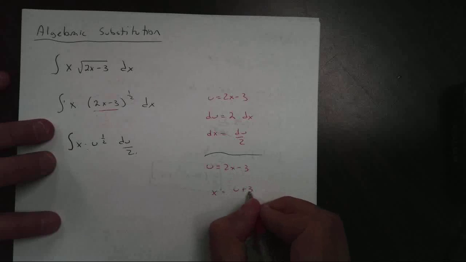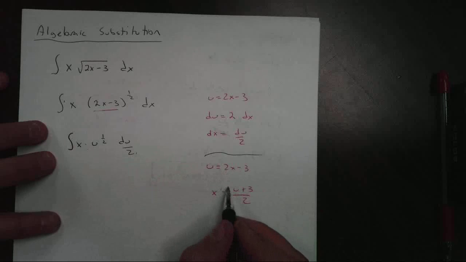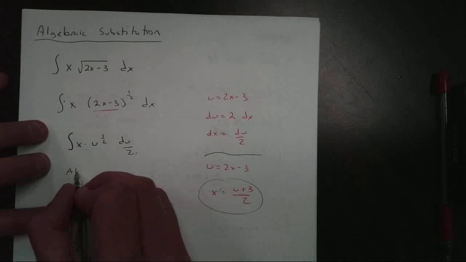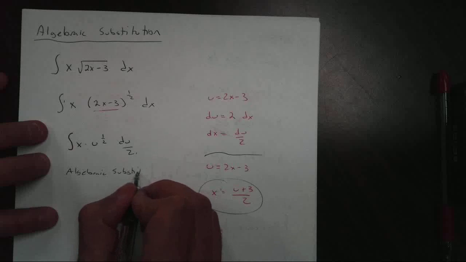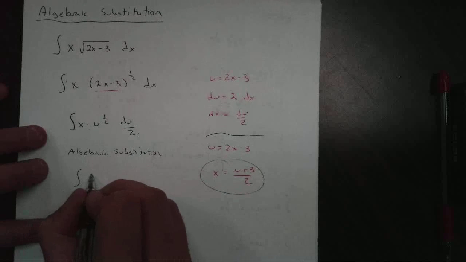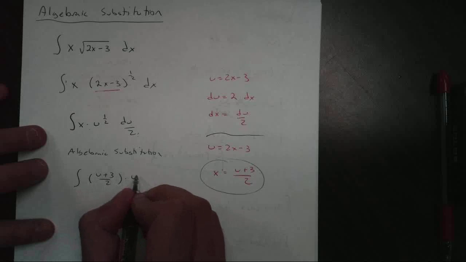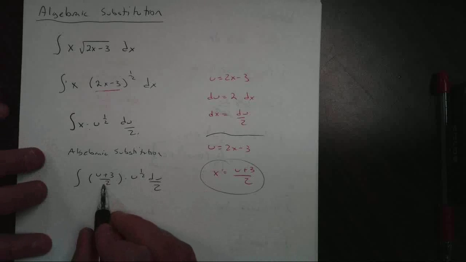I get u plus 3 over 2. And I'm going to substitute that in. This is called an algebraic substitution. So when I plug it in, I get u plus 3 over 2 times u to the 1/2 du over 2. Now, everything's in terms of u.